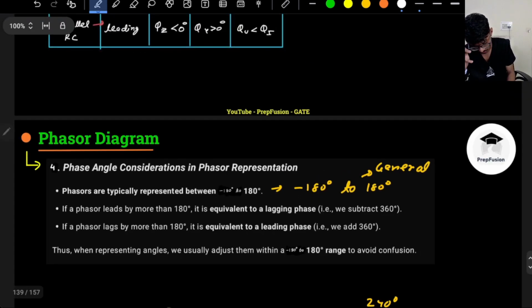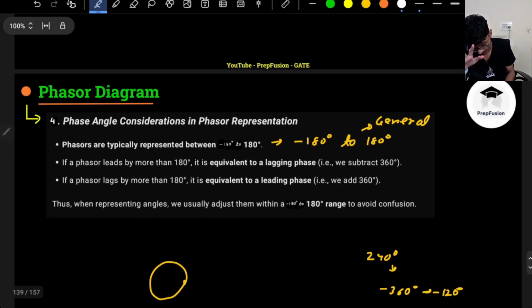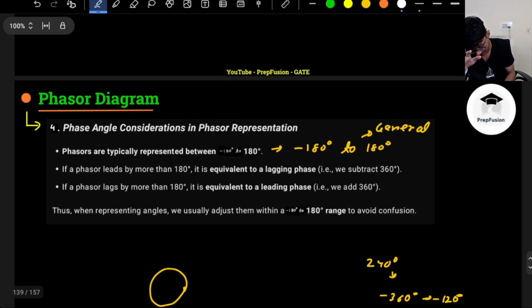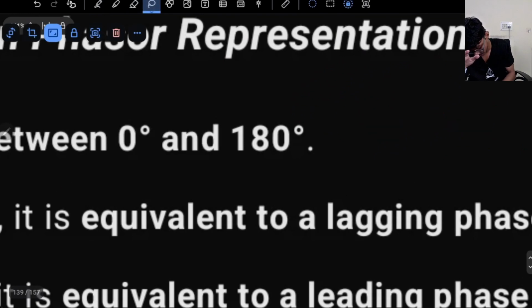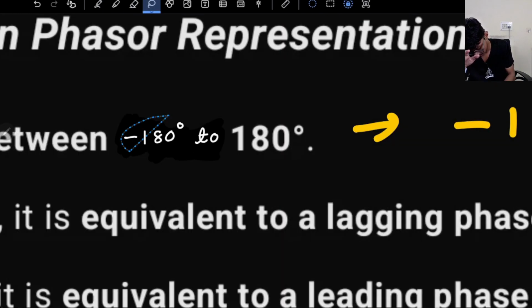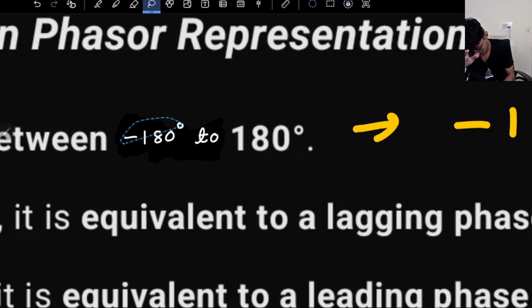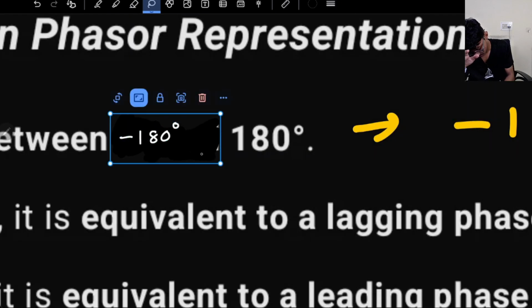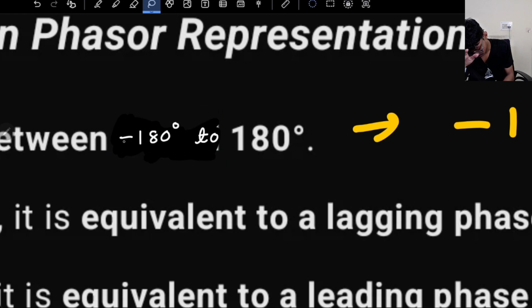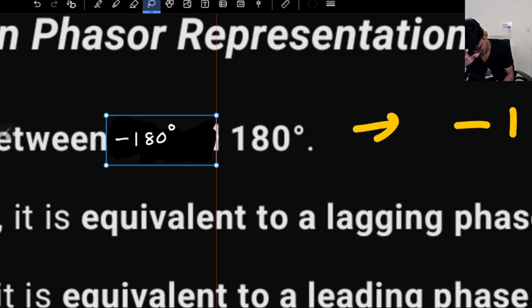Okay, so I hope you have understood this basic thing. Let me increase the size of this. I cannot actually increase the size of this one.